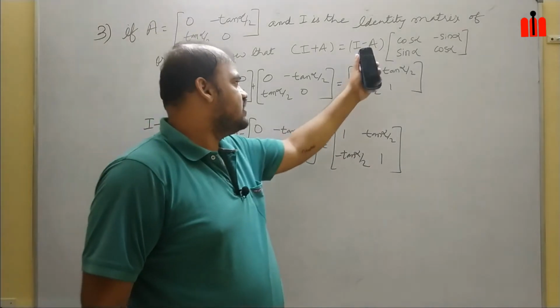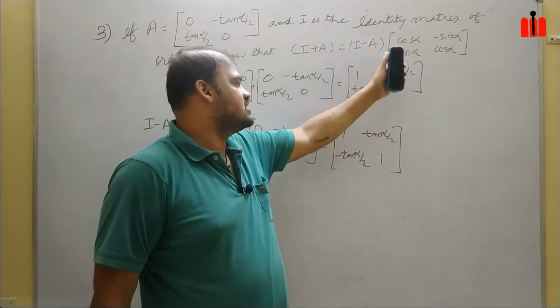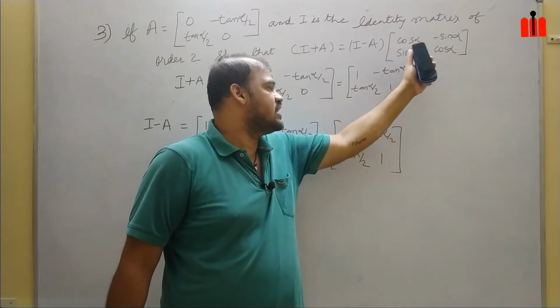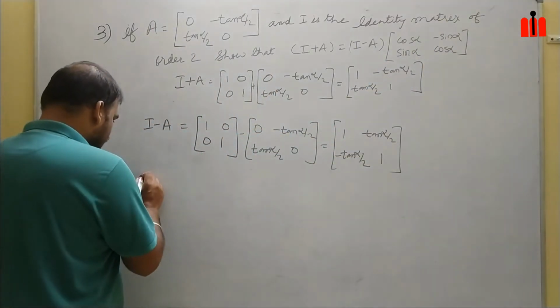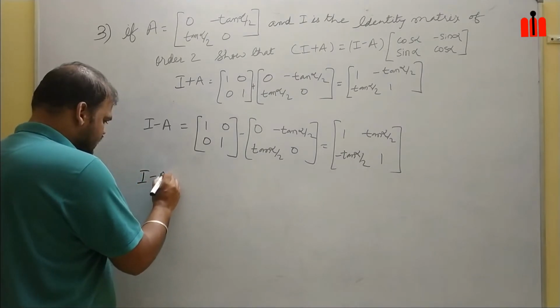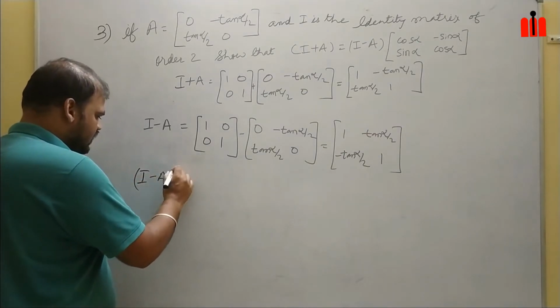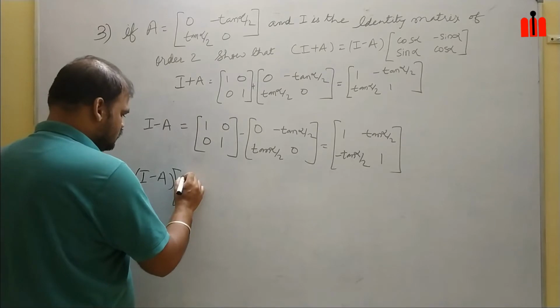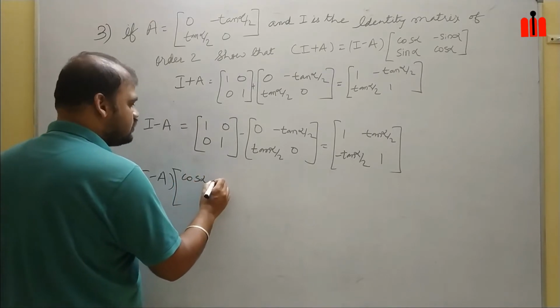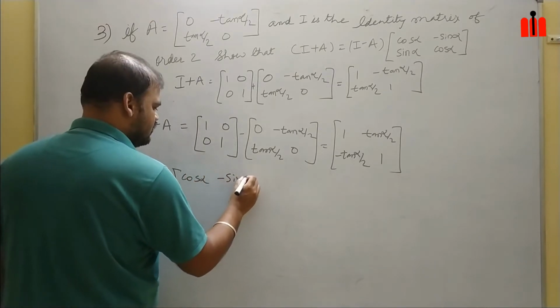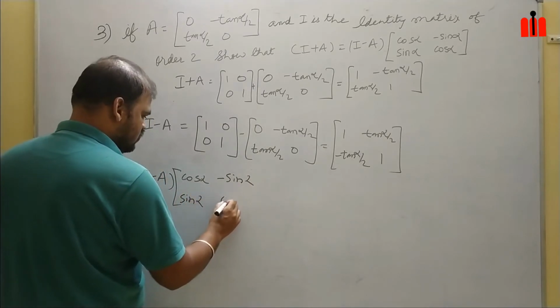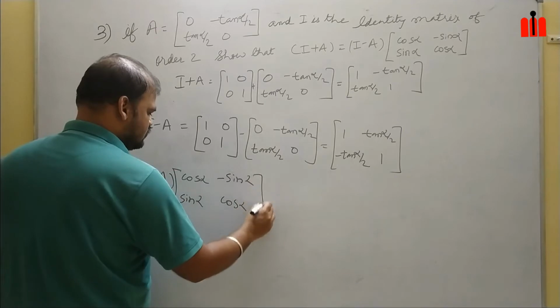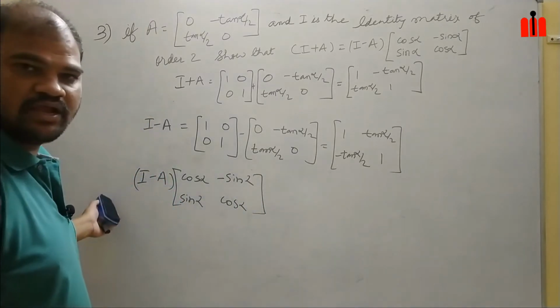In RHS we are seeing that I minus A is multiplied with the matrix cos alpha, minus sin alpha, sin alpha, cos alpha. Let's do that product. So once we do that product, it will be I minus A into that matrix. And what is I minus A?